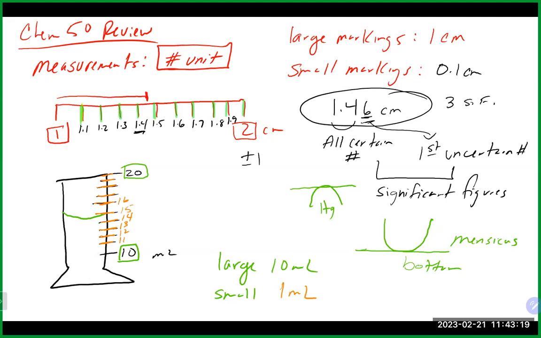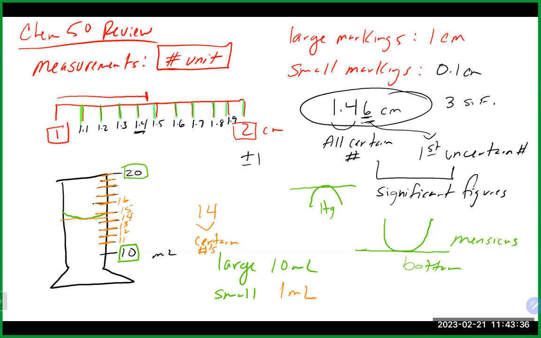So when we look at this, if we read from the bottom of the meniscus in a badly drawn straight line, we would see that it is at least 14. Once again, that would be our certain numbers.